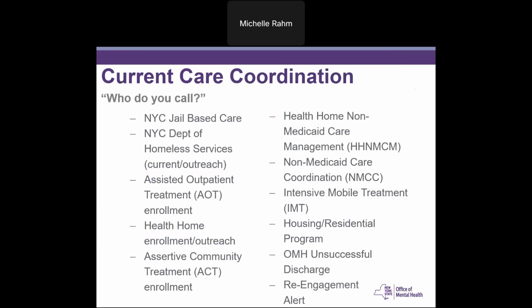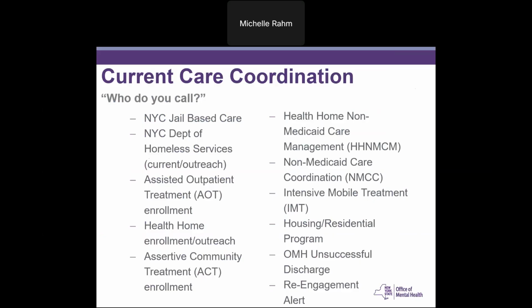So if we scroll down, next we have the current care coordination section, which is what we call the who do you call section because it has a lot of contact information included. So we have here New York City jail-based care information. We have Department of Homeless Services information if they're currently using the homeless services or in outreach. We have AOT enrollment, health home enrollment or outreach, ACT enrollment.